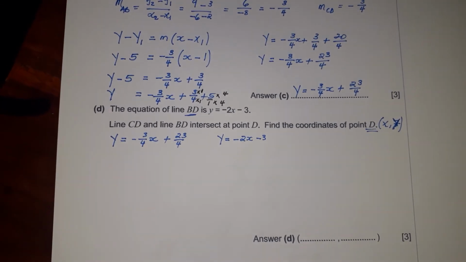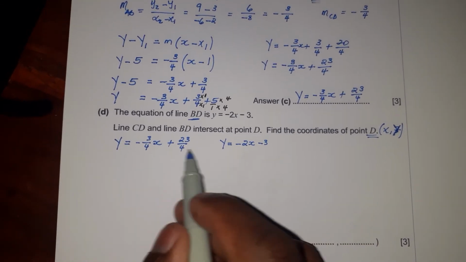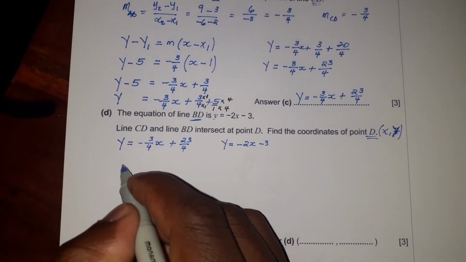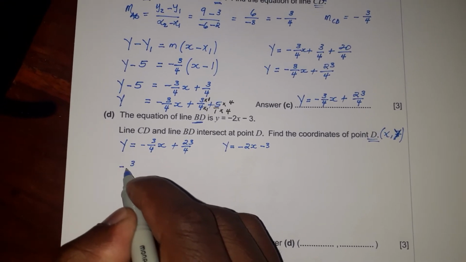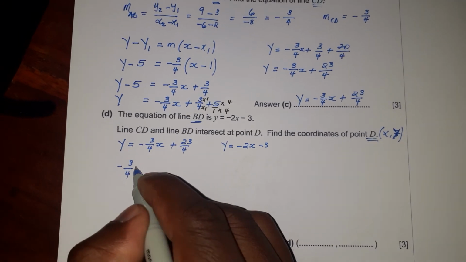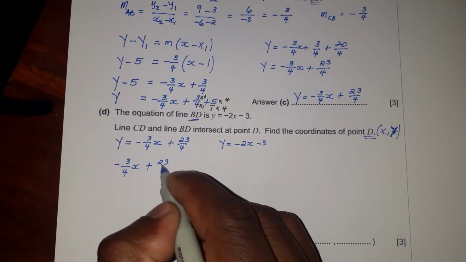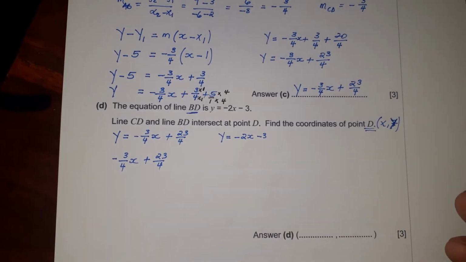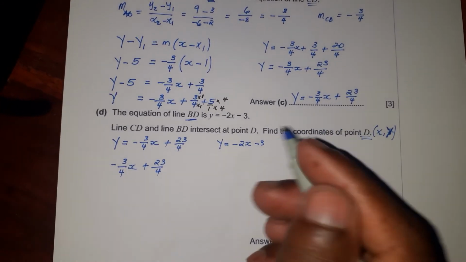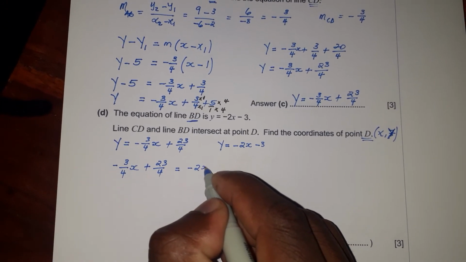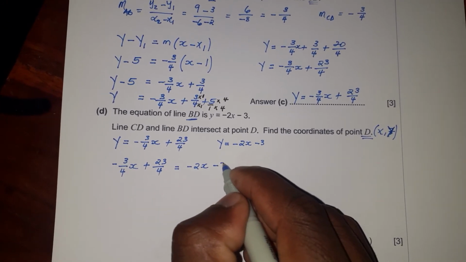Now, in order for us to get the x coordinate, we have to equate these two equations. Then we have negative 3 over 4 x plus 23 over 4 equal to negative 2x minus 3.